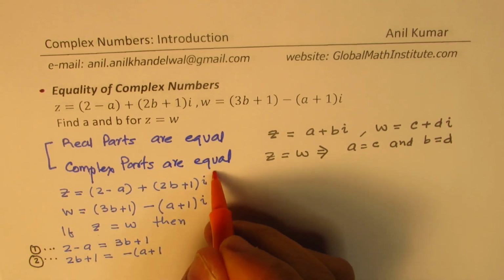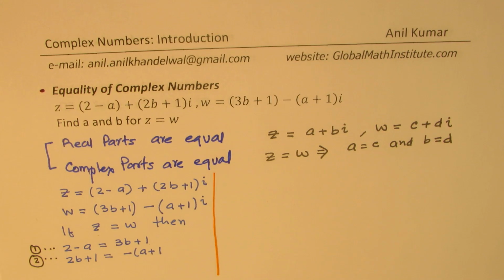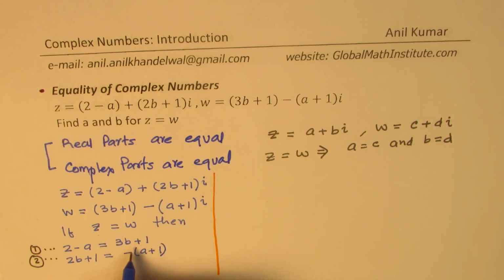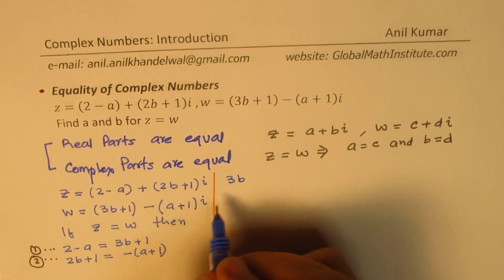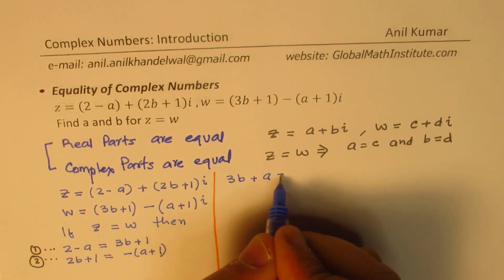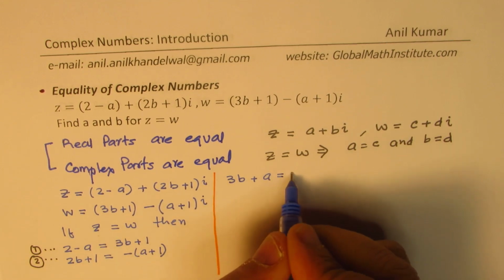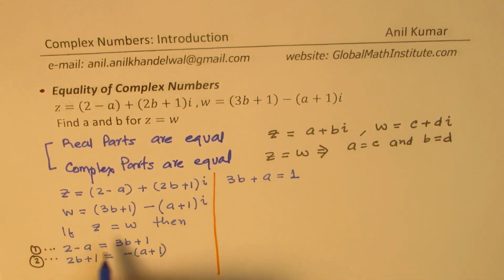Correct? Now that should help us to solve for a and b, right? So we'll just rearrange these equations, get our new equations, and then the method of substitution or elimination can be adopted to get the value of a and b. So from the first equation, taking a to the right side, we get 3b plus a equals 2 minus 1, which is 1, correct?